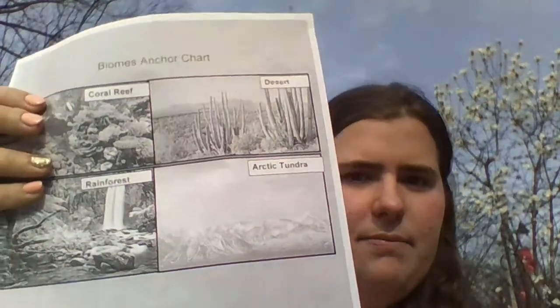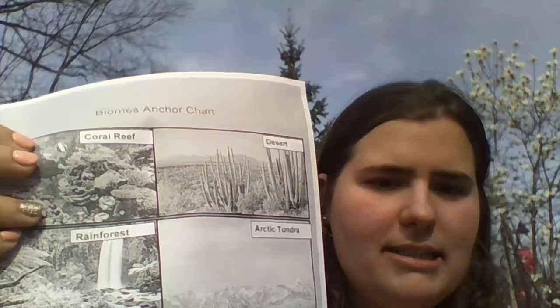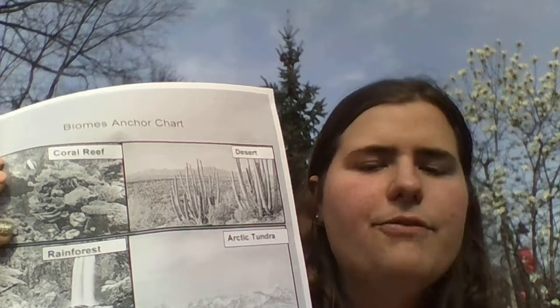So now I'm going to have you do a project. We are going to use the biome chart. We have our coral reef, our desert, our Arctic tundra, and our rainforest.